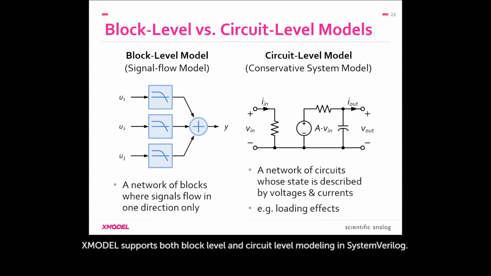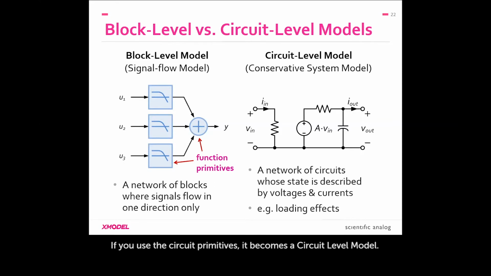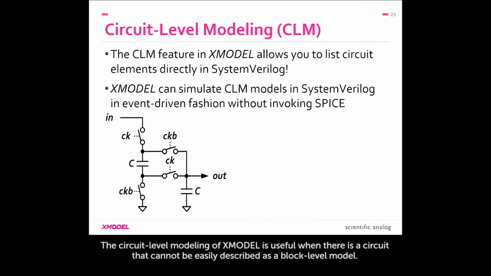XModel supports both block level and circuit level modeling in SystemVerilog. Basically, if you describe a circuit using function primitives, it becomes a block level model. If you use the circuit primitives, it becomes a circuit-level model. The circuit-level modeling of XModel is useful when there is a circuit that cannot be easily described as a block-level model.